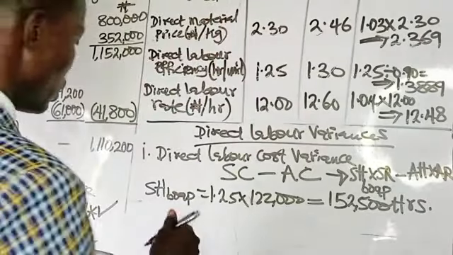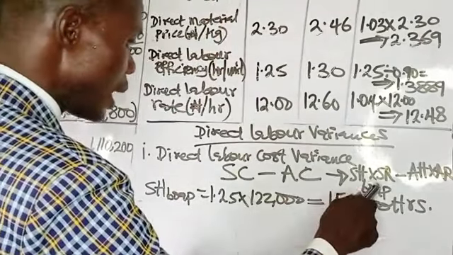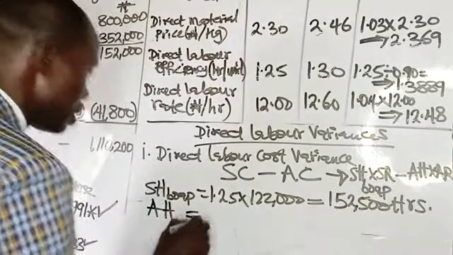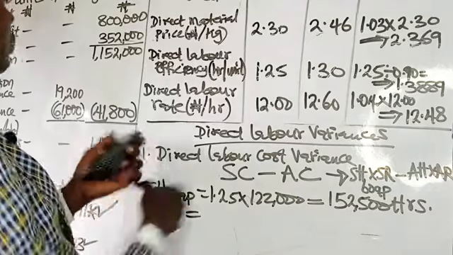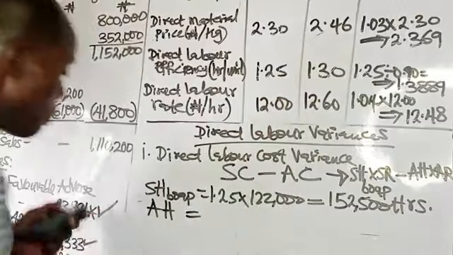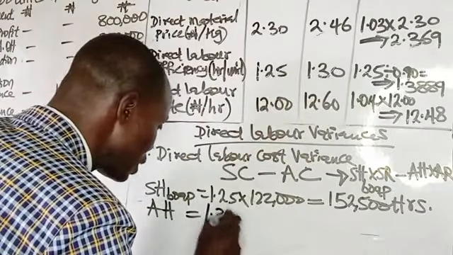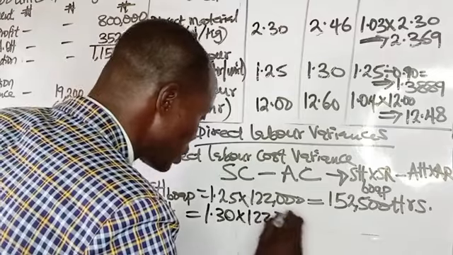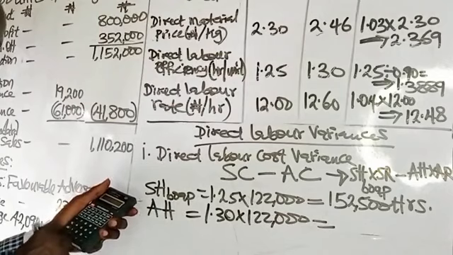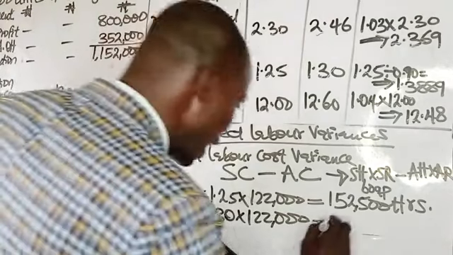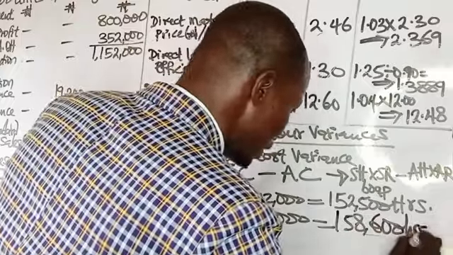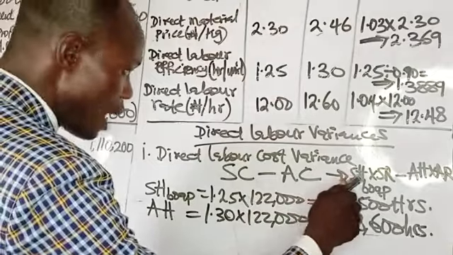Then actual hours too. Our actual hours direct labor is 1.3 times 122,000. So that gives us 158,600 hours.